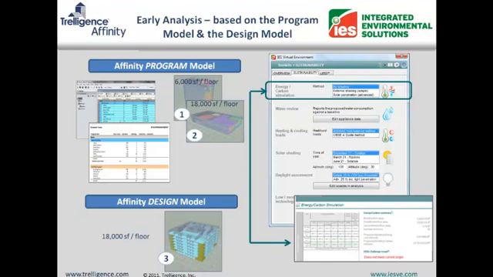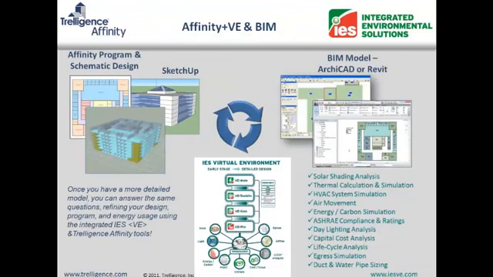Affinity's analysis engine also automatically compares the schematic design to the program requirements and alerts the project team to any discrepancies. This way, project teams can be sure that the sustainability requirements are met before moving into the detailed design in BIM. Seamless integration between Affinity and VE and BIM tools provides a great deal of flexibility to project teams.